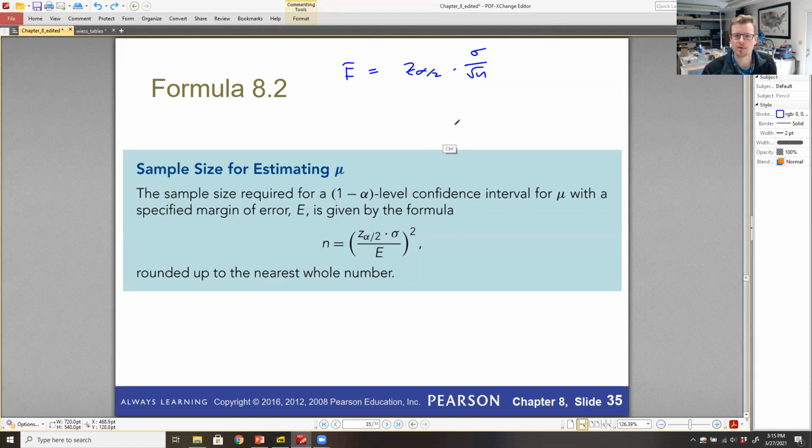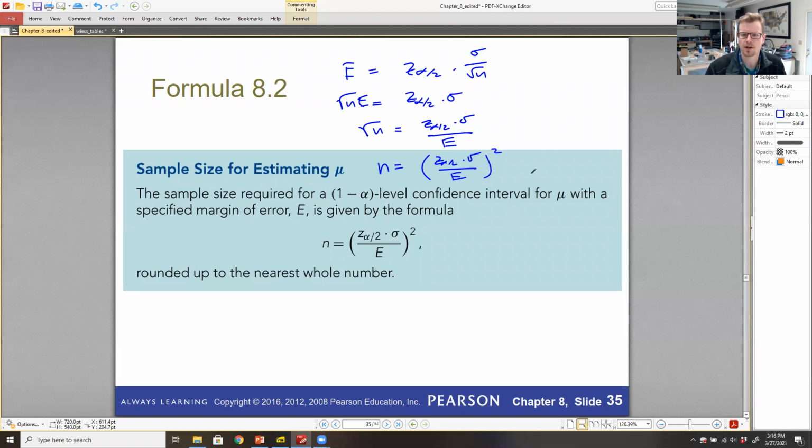That's not the way I wanted to go about this. Multiply both sides by square root n. There we go. Square root n times the error is equal to z sub alpha over 2 times the standard deviation. Now divide by the error to get square root n is equal to z sub alpha over 2 times standard deviation divided by the error, and then square both sides to get n is equal to z sub alpha over 2 times the standard deviation divided by the error squared, which is exactly what they have here.